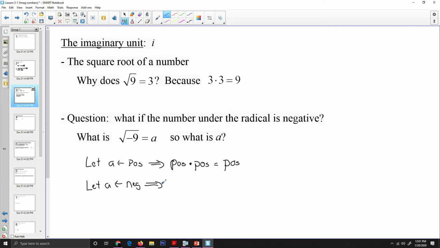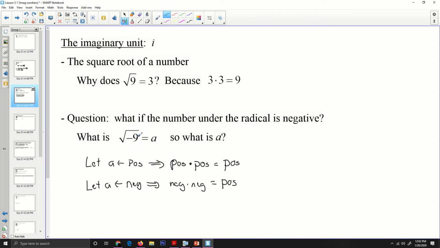A negative times a negative is also going to be a positive. So if a is negative, a times a is still going to be positive.